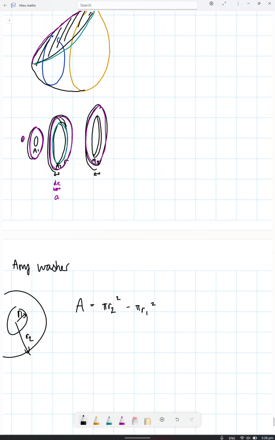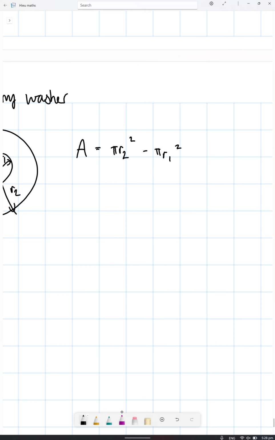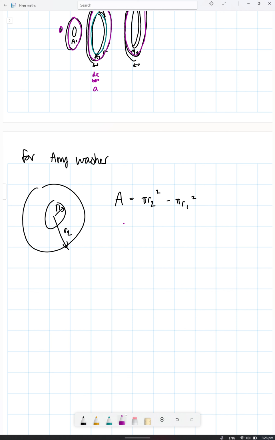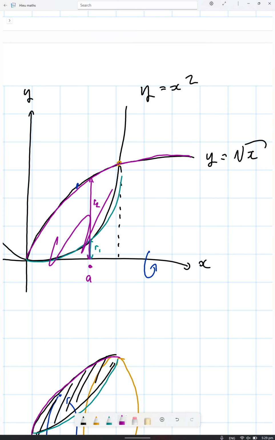Now let's think of it like this. To find the volume of a washer, we can simply take this cylinder here, which is the cylinder created by just y equals x squared.